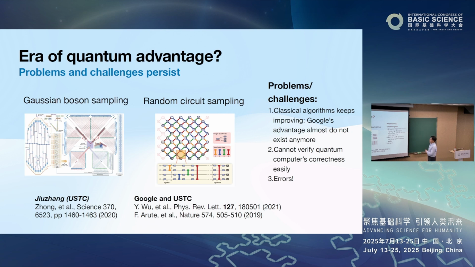A lot of people claim that we're in the era of quantum advantage, but I put a question mark because there are still many problems and challenges. Quantum advantage was demonstrated with random circuit sampling and other sampling tasks that were specially chosen to make it hard for classical computers to sample.